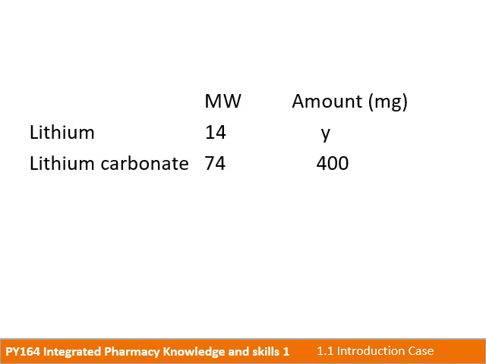Okay, so the next step is to say, well, we've got 400 milligrams of the lithium carbonate, and that represents our molecular weight of 74. Therefore, 14 parts of that 74 is equivalent to our unknown number of parts in our 400.